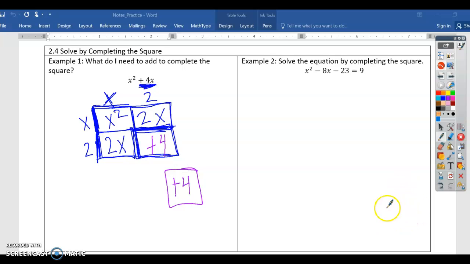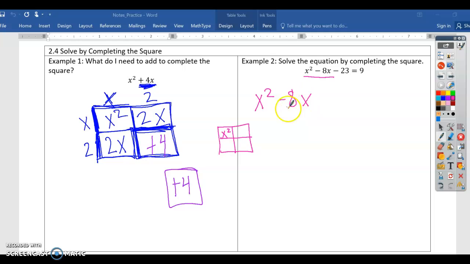Okay, so once we know what we need to add to complete the square, then hopefully the rest is pretty easy. So let's try it with this problem. Let's use x squared minus 8x. If I just draw a little square right here, x squared goes in the first box.